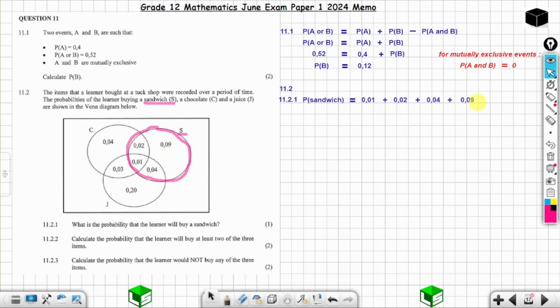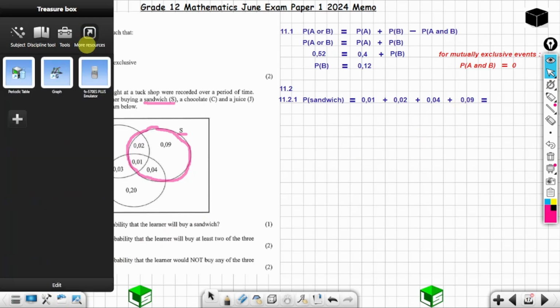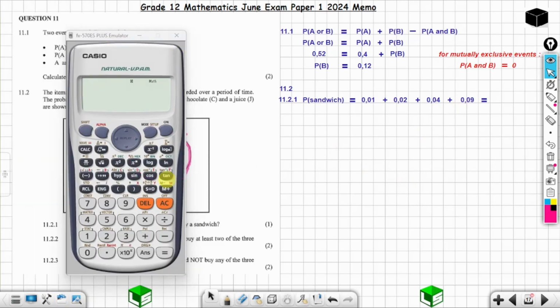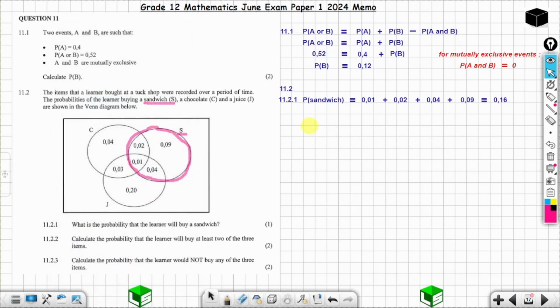This is equal to, you can use your calculator, 0.16.